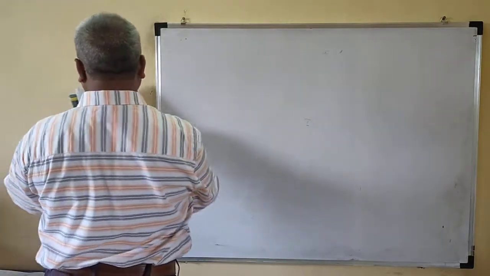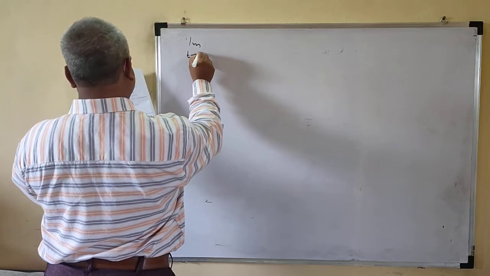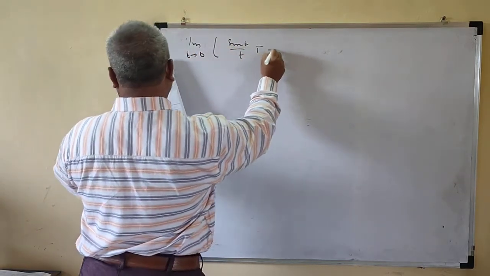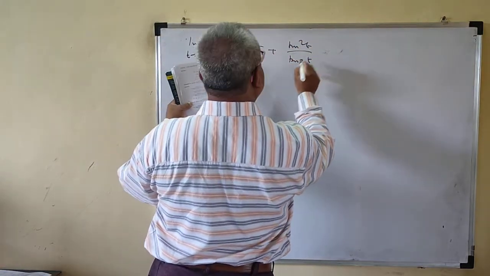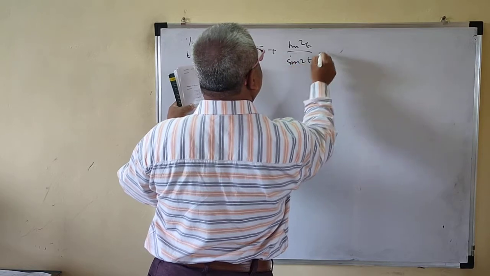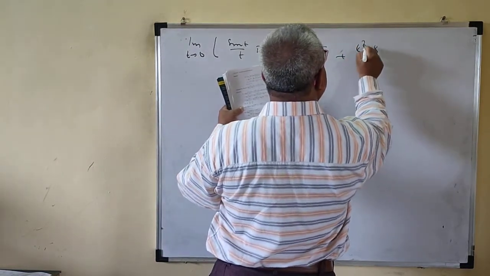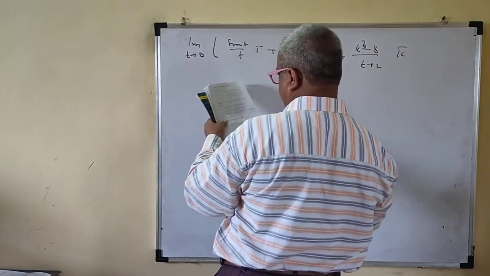Suppose you have this limit: limit t tends to 0 of sin t upon t I bar plus tan square t upon sin 2t j bar plus t square minus t cube minus 8 upon t plus 2 k bar.